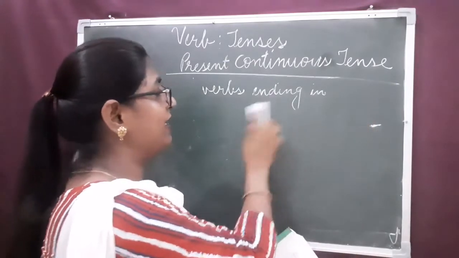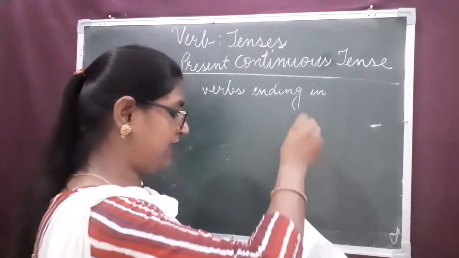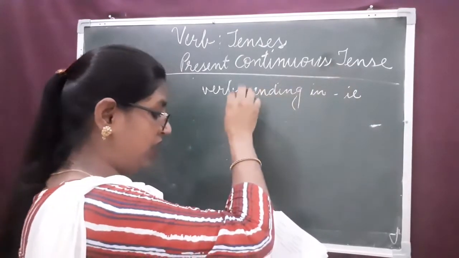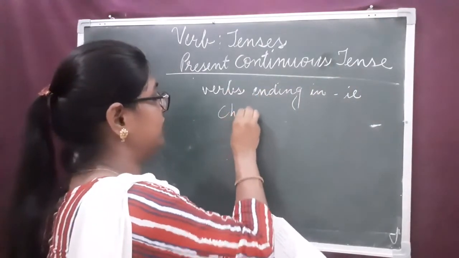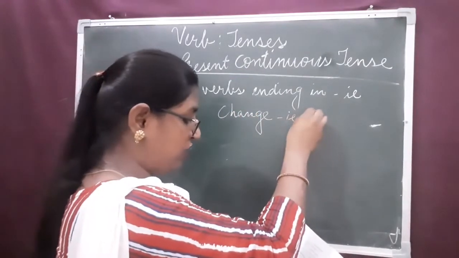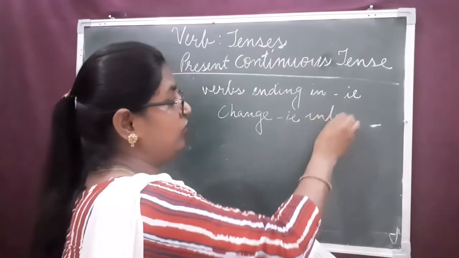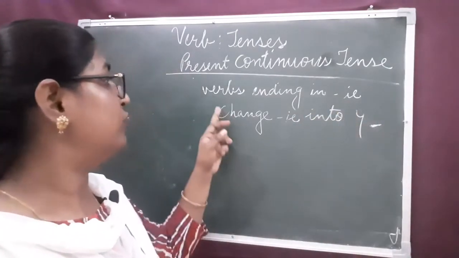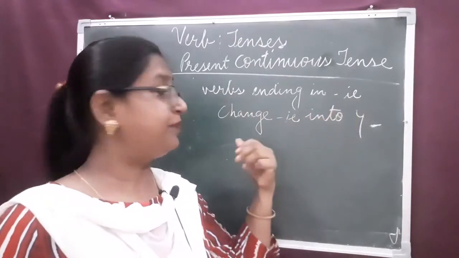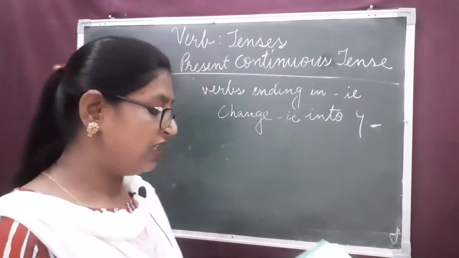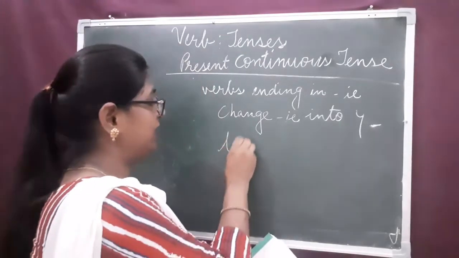Now, the next rule is verbs ending in IE. Verbs ending in IE change IE into Y. When the verb is ending with IE, IE is changed into Y. See this through example.